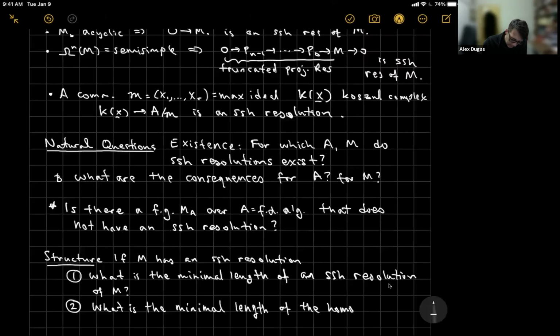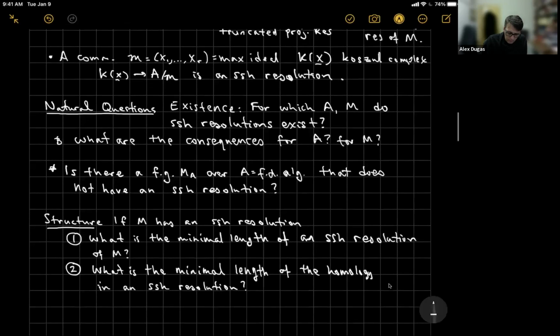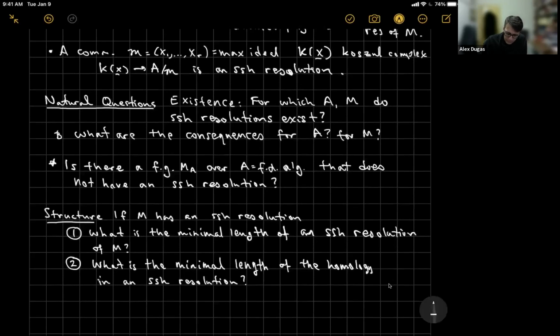In other words, how many simple modules appear in the homology groups of an SSH resolution of M? And it was actually this type of question which I think led Benson and Carlson to introduce this notion of semi-simple homology resolutions.